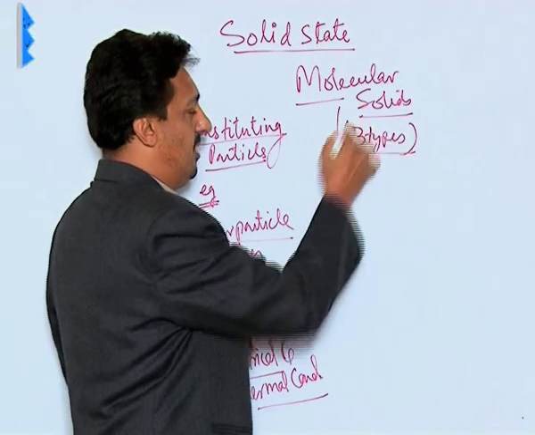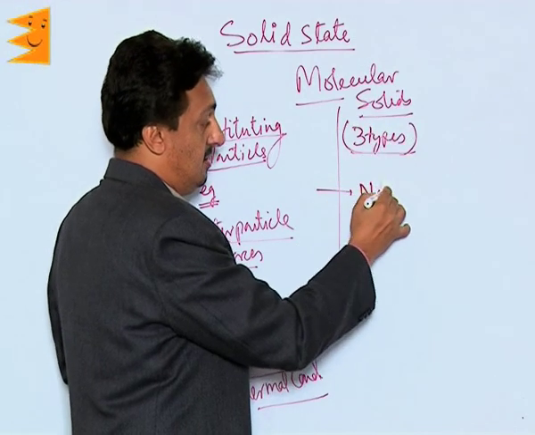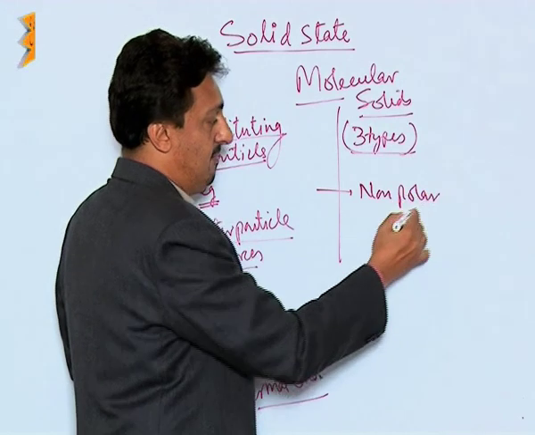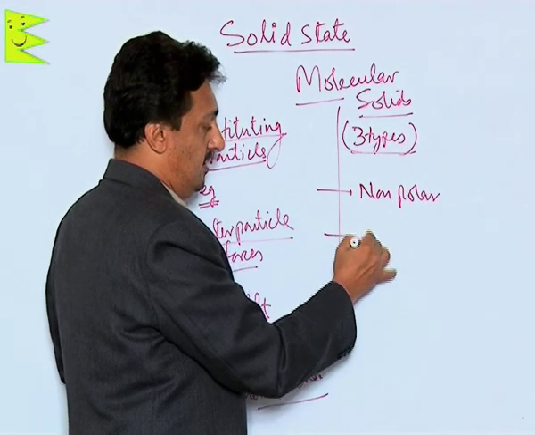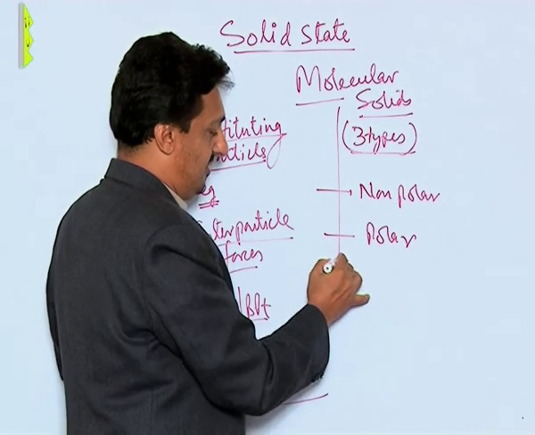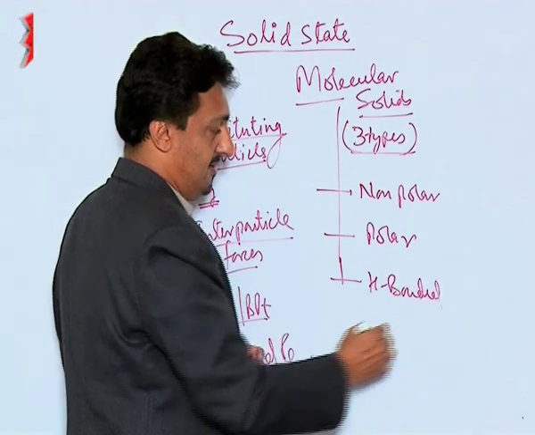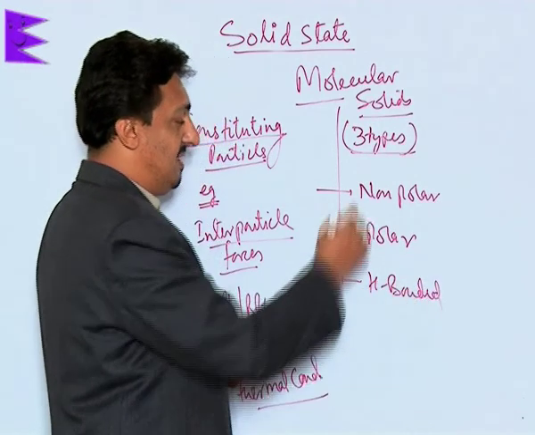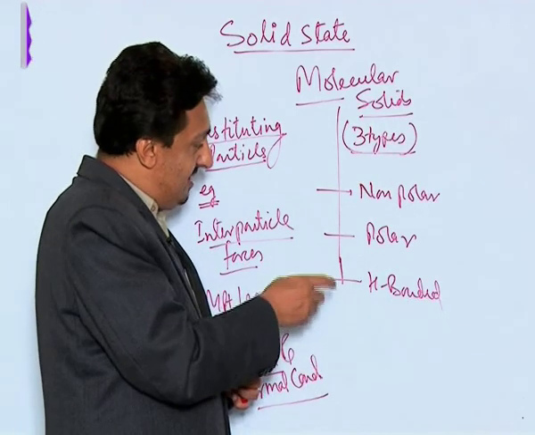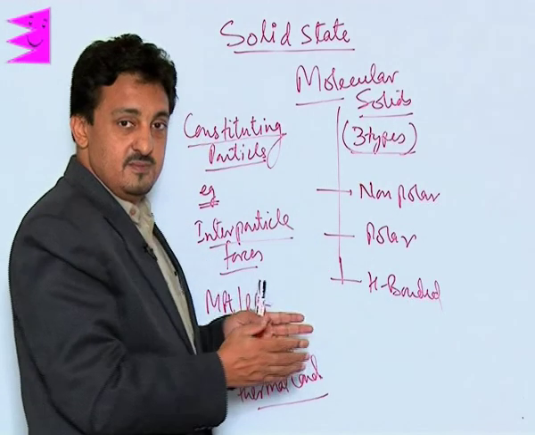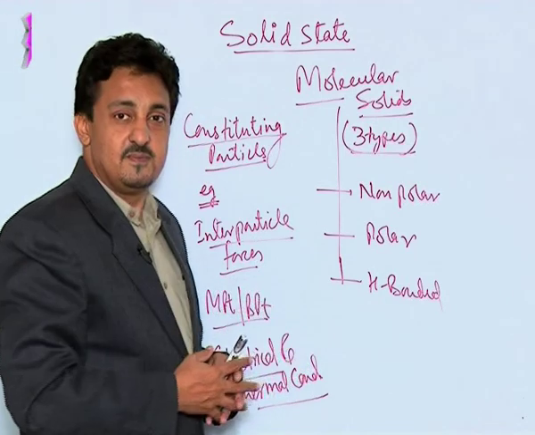The three types of molecular solids are non-polar molecular solids, polar molecular solids, and hydrogen bonded molecular solids. So these are the three categories. We will take all these three categories one by one separately.